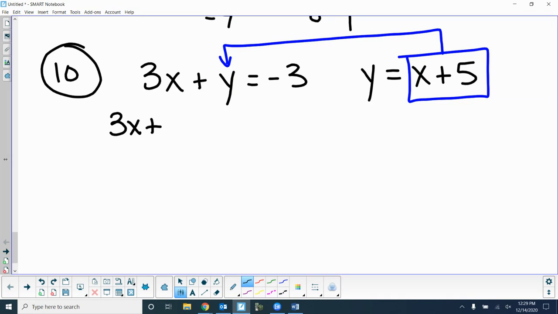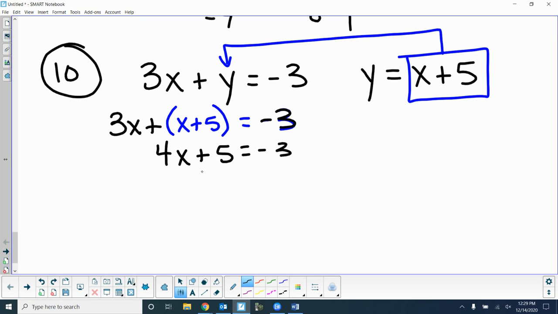All right, so I'm going to put where the y was, x plus 5. That's the substitution part. Okay, so combine like terms, 3x plus x is 4x plus 5. And then we get x by itself.